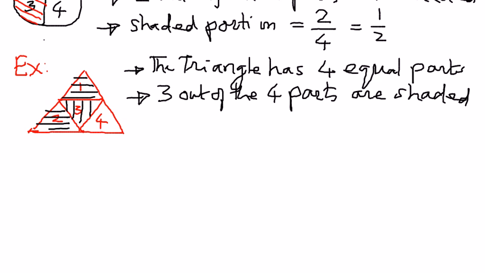And then the third observation we can make is the shaded portion of the triangle is represented by a fraction. Therefore 3 parts out of the 4 parts of the triangle are shaded, and that is how we can represent a fraction. And therefore once again, a fraction can represent the number of equal parts of a whole.